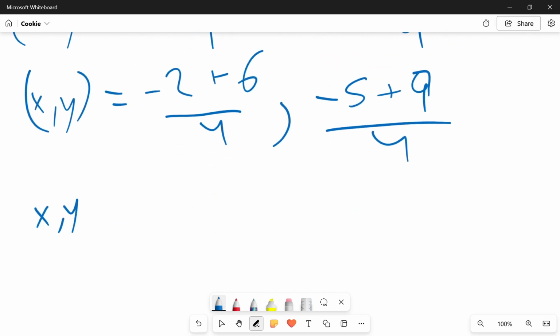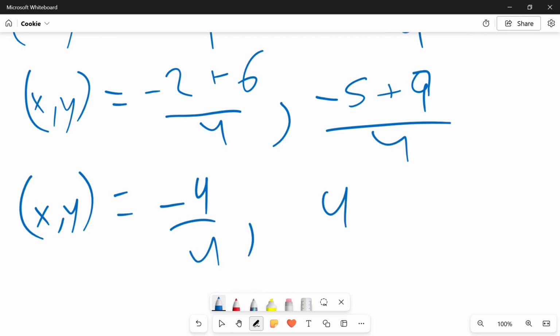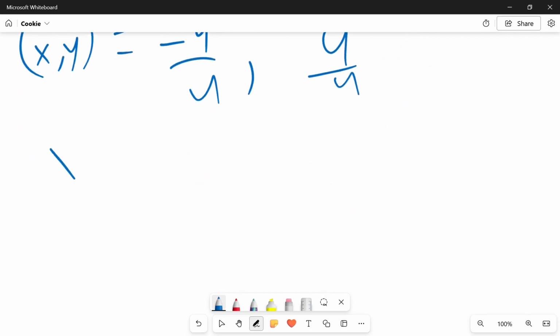Simplify that further, we get -4 divided by 4, 4 divided by 4. Therefore, x, y, or the plot points, is equal to -1, 1.